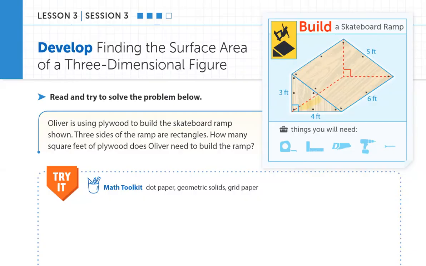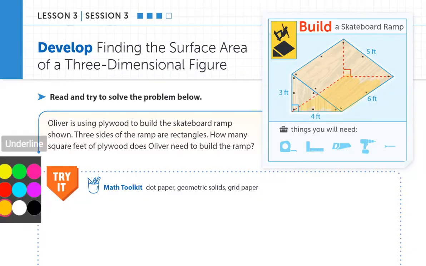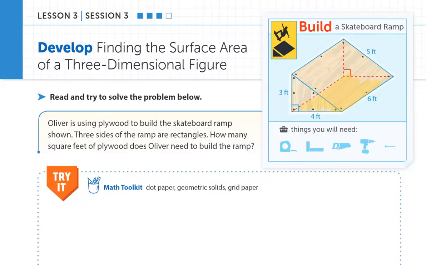So we've got this rectangle on the bottom, and that one is 4 by 6. And then remember, the area of a rectangle is just base times height. So 4 times 6 equals 24.